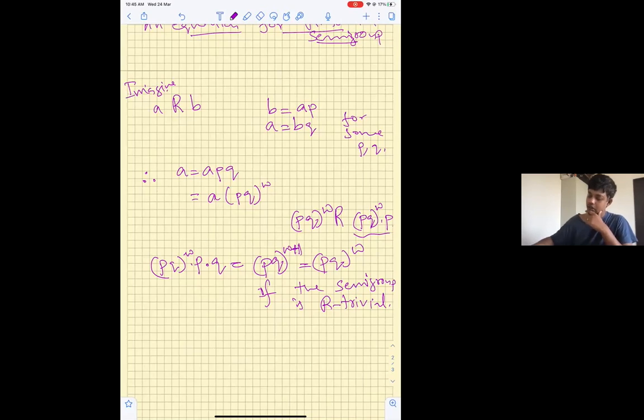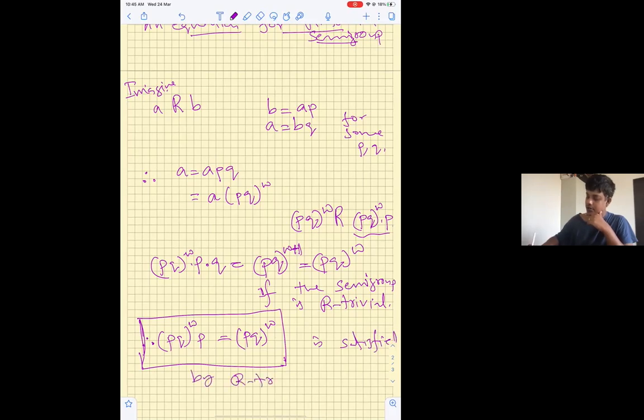So (PQ) to the omega is R-equivalent to (PQ) to the omega times P. Therefore, (PQ) to the omega P is equal to (PQ) to the omega. This identity is satisfied by R-trivial semigroups.